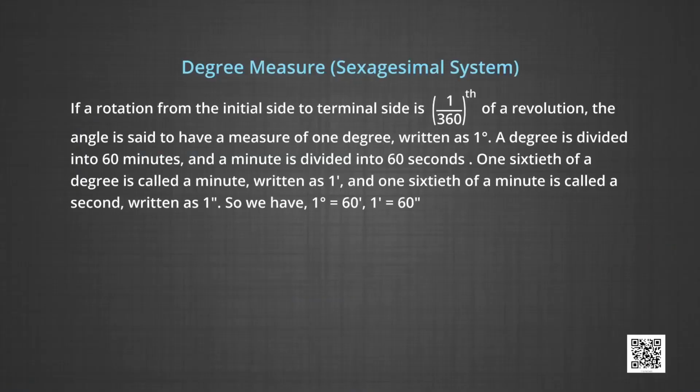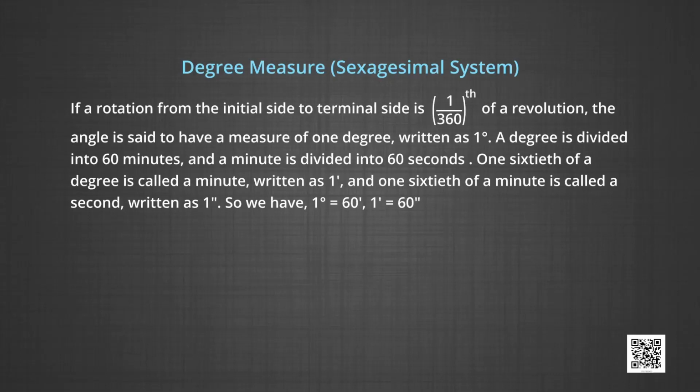If a rotation from the initial side to the terminal side is 1/360th of a revolution, the angle is said to have a measure of 1 degree, which is written as 1°.